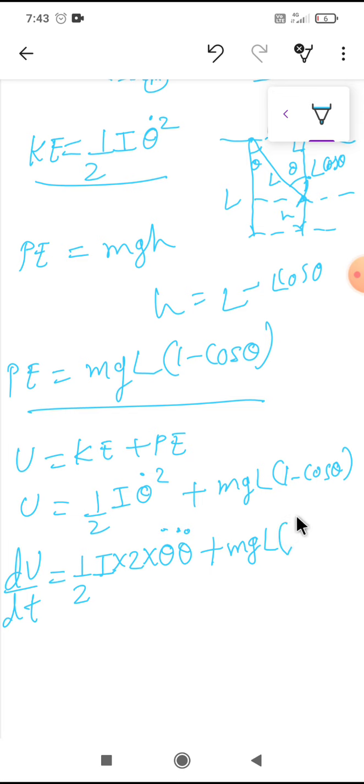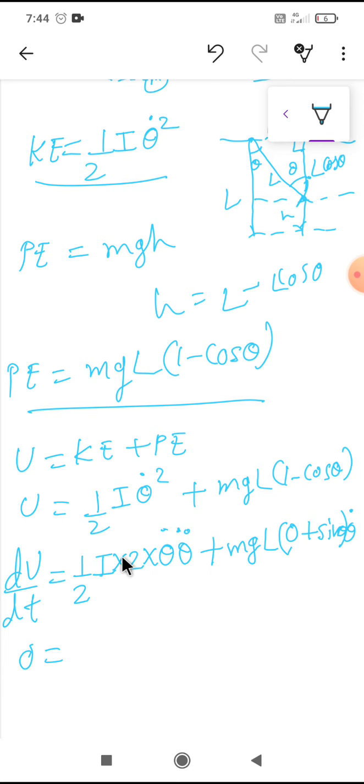Differentiation of 1 will be 0, and differentiation of minus cos theta will be minus minus sin theta, so plus sin theta. And according to the chain rule, we also have to differentiate theta, so differentiation of theta will be theta dot. So this differentiation of total energy with respect to time will be equal to 0.